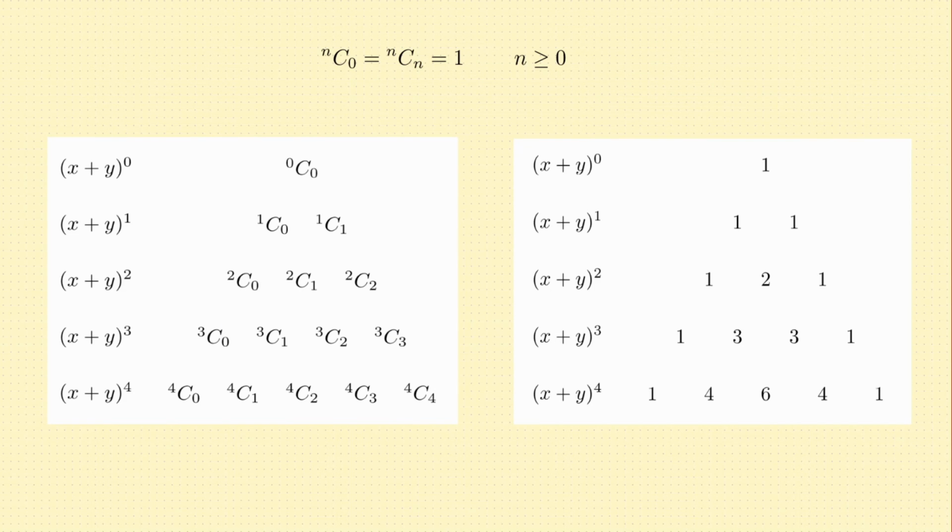And so we've shown that n choose 0 equals n choose n, and they both equal 1 for n greater than or equal to 0. And we can see the significance of those facts by looking at Pascal's triangle. First of all, at the peak of the triangle, we have 0 choose 0, which is 1. Down this diagonal, we have 1 choose 0, 2 choose 0, 3 choose 0, 4 choose 0, and so on.